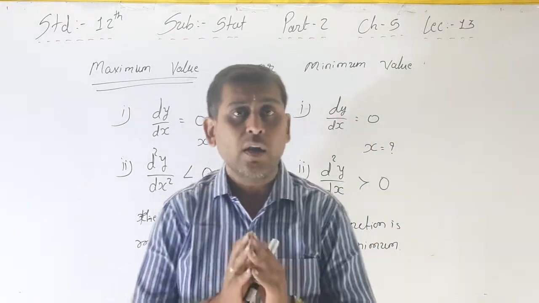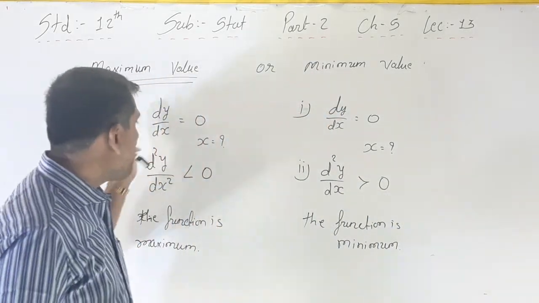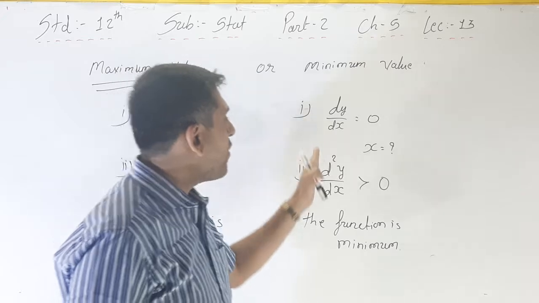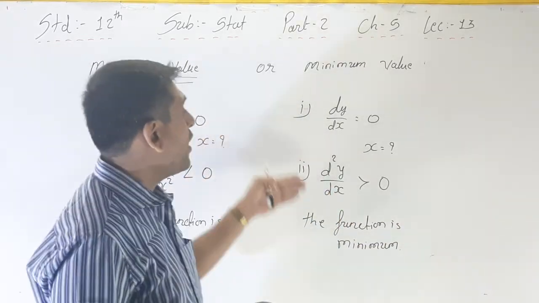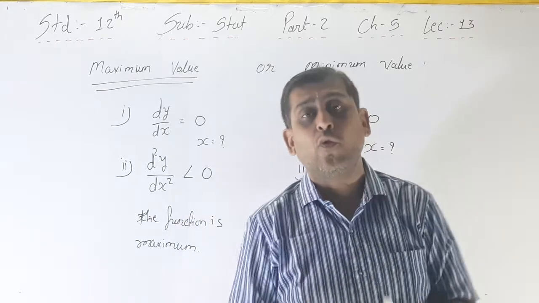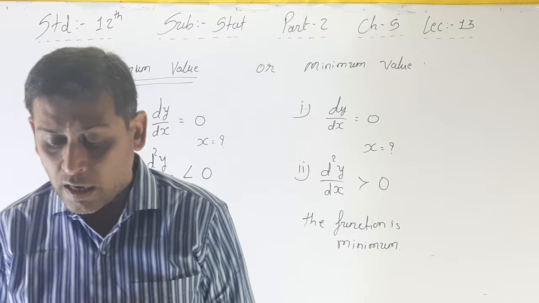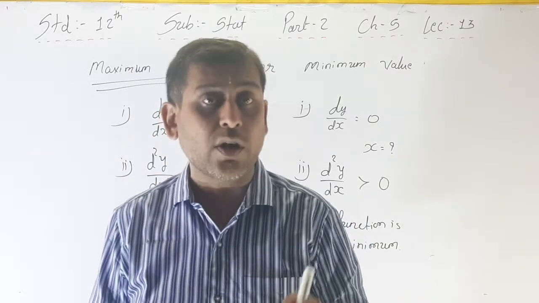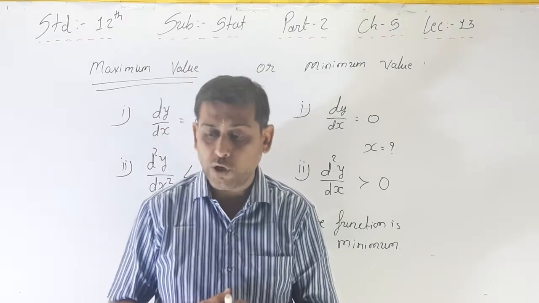So first of all, let me repeat: please keep in mind for maximum value we have two conditions, 4 steps, and for minimum value again 2 conditions, 4 steps. Then we'll discuss the minimization of cost and the maximization of profit and revenue function.